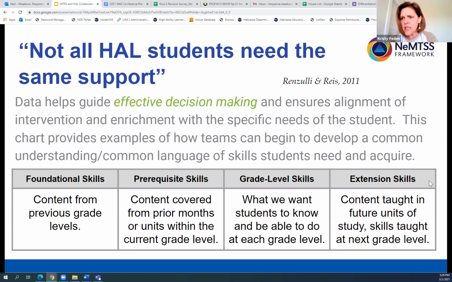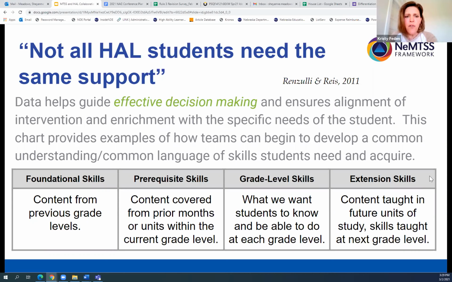And we know that that isn't what our students need, and it can become quite frustrating and may not even align with what we need to move the needle forward and to help our kids achieve and succeed. So you can see here, one of the first steps is helping our teams to have a common understanding or a common language around the students that we're actually talking about in our problem solving.